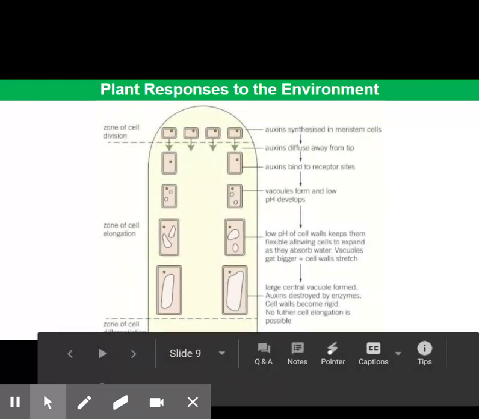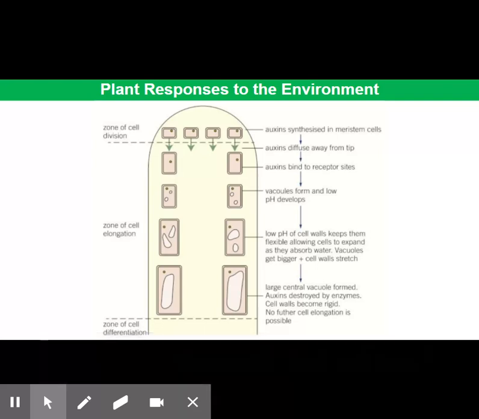Now, this diagram shows this again. We see the auxins being synthesized in the meristem cells, so that's at the very top of the coleoptile. The auxins diffuse away from the tip, binding to receptors. That binding causes a lowering of the pH as we see the active transport of hydrogen ions into the cell wall.